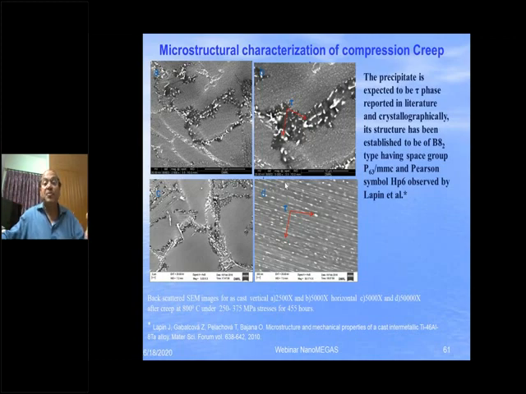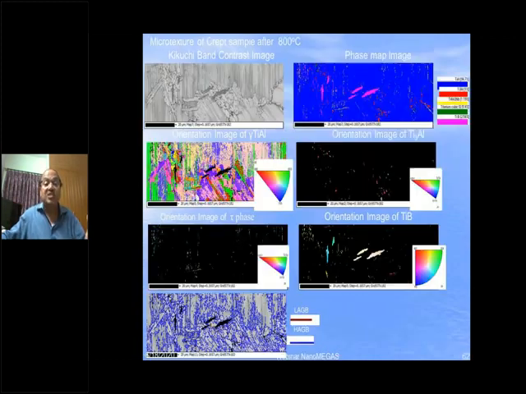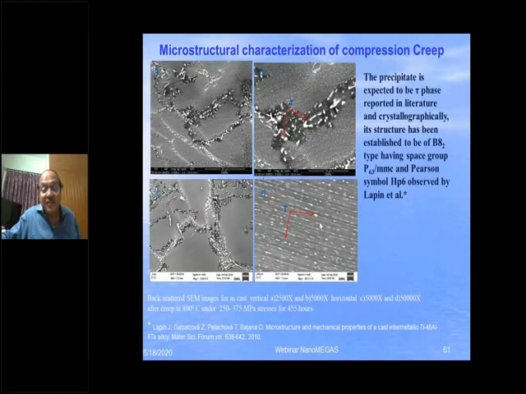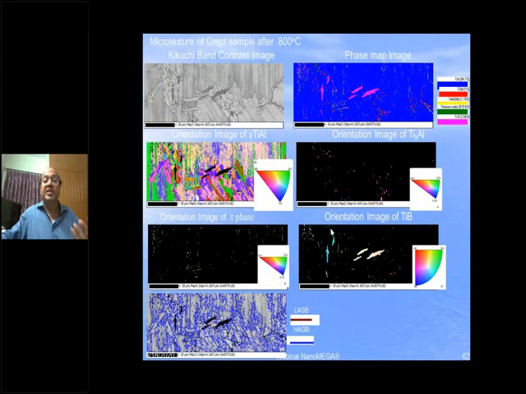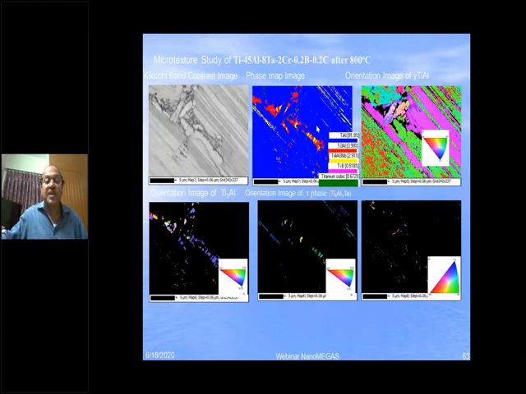This particular creep we studied to try to understand that, see, these very fine phases start appearing, which are not possible to see in SEM. So we have jumped to do it in the TEM. We find out the phase mapping first in SEM, then at the TEM level. Then we find out that different phases are coming up, which are very fine. So apart from TiAl, other new phases are coming up.